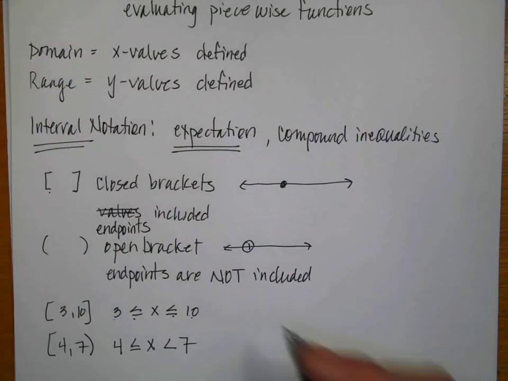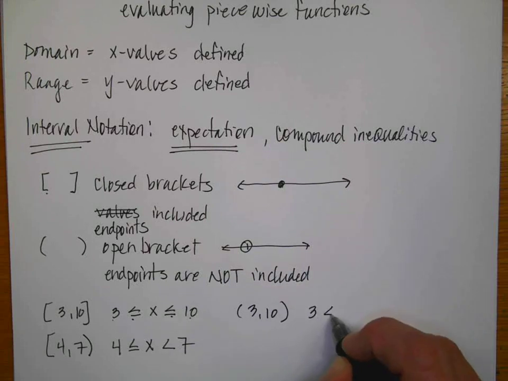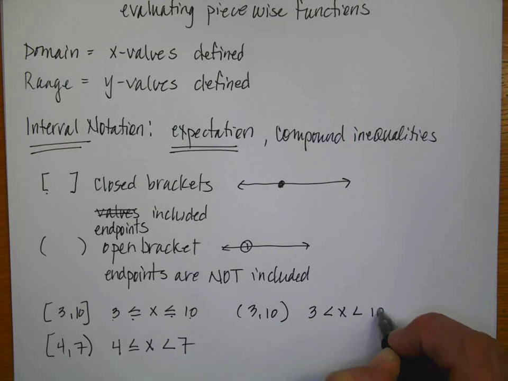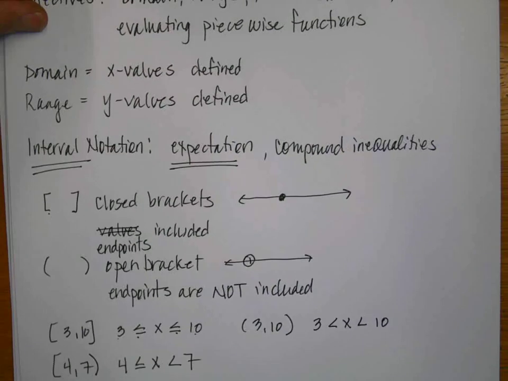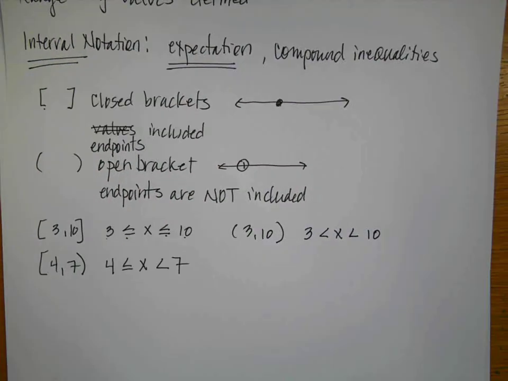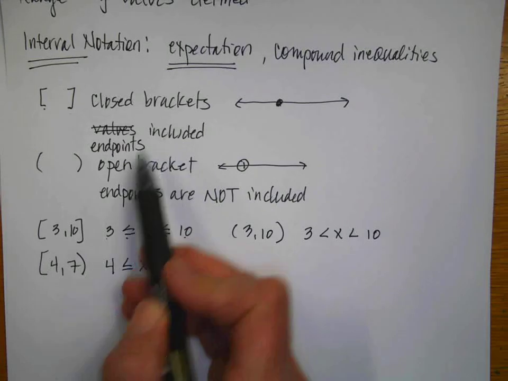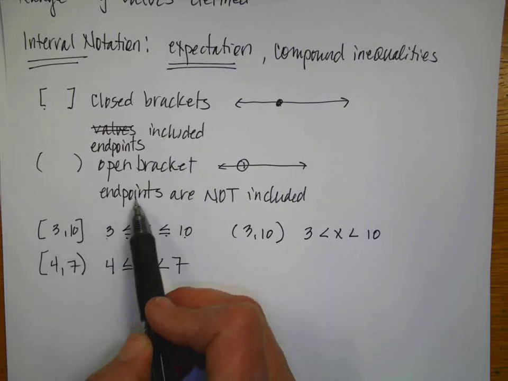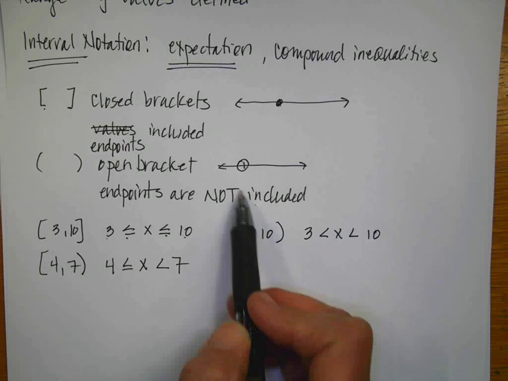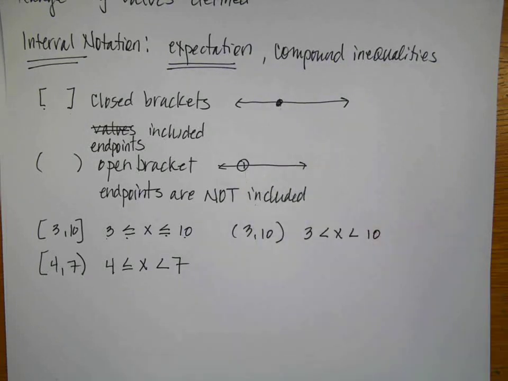Okay, and then if I had maybe a 3, 10 this way, that would mean that the end points are not included. We can mix and match these a variety of different ways, but you just need to remember that square brackets means that the end point is included, and an open bracket means that the end point is not included. And I think about it like a closed circle and an open circle.